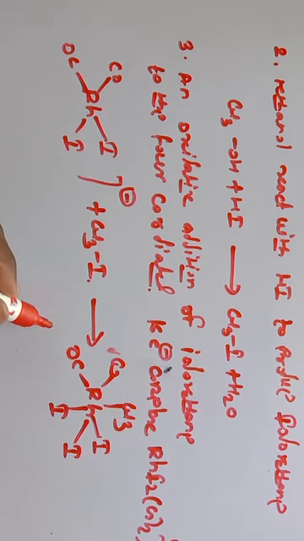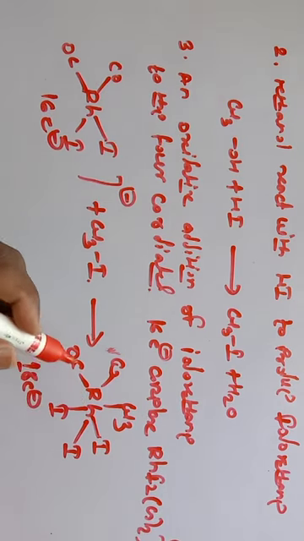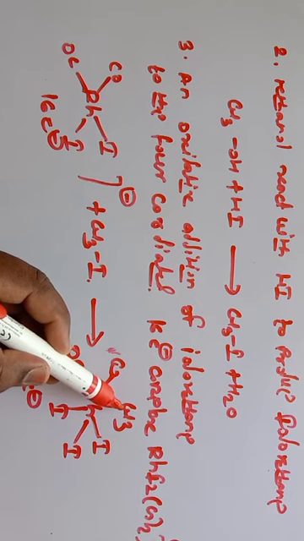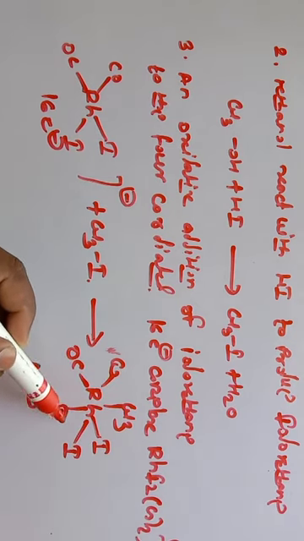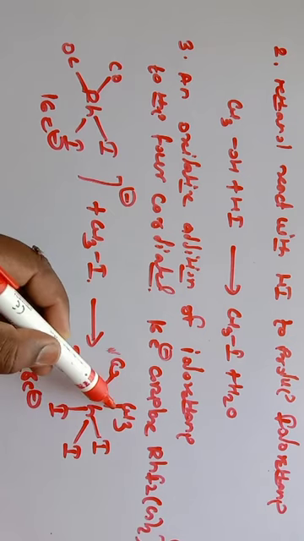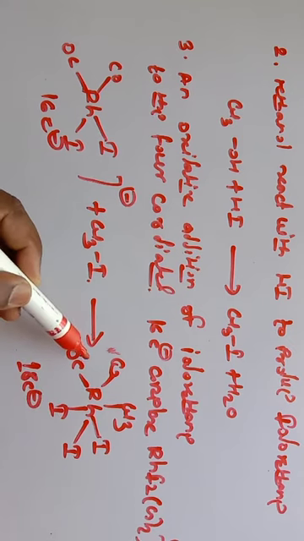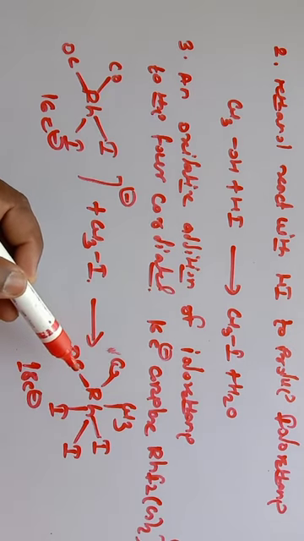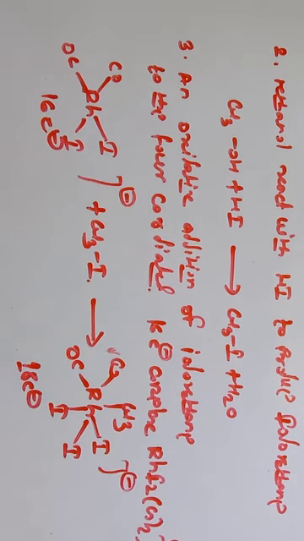And so we have the conversion of a 16 electron species into an 18 electron species. If you count the electrons, rhodium has 9, the methyl group contributes 1 electron, so total 10, and the three iodines contribute 3 electrons, so 13. The carbonyls contribute 4, so 13 plus 4 is 17, and 1 net negative charge makes 18 electrons.